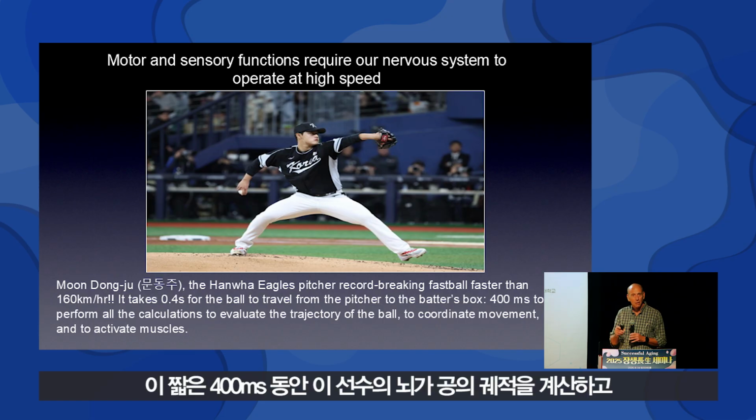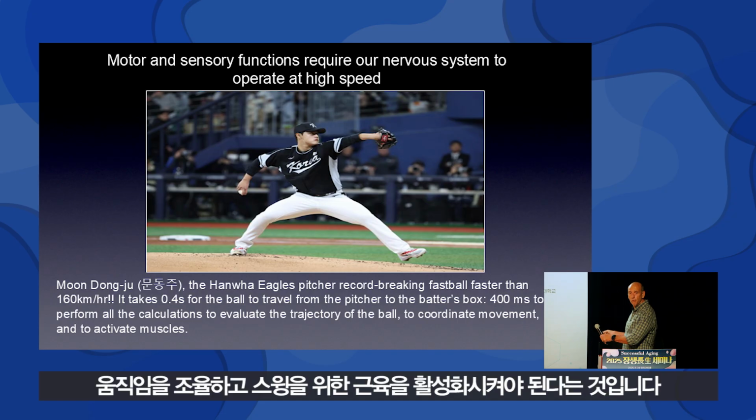So this is 400 milliseconds that this guy who hits needs to calculate how the ball is coming to him, to coordinate the movement, and then to activate the muscle and hit the ball. This is only 0.4 second.